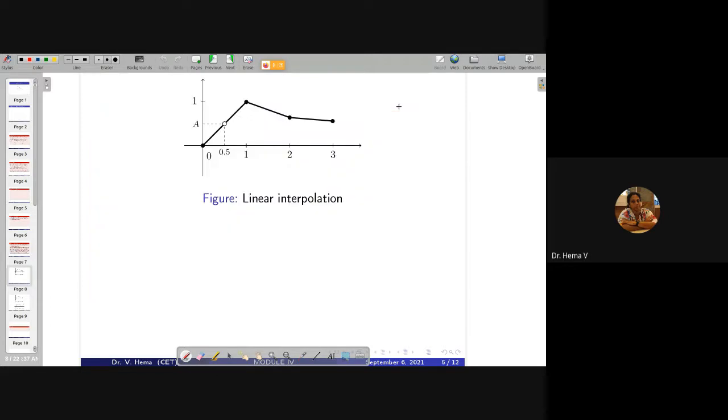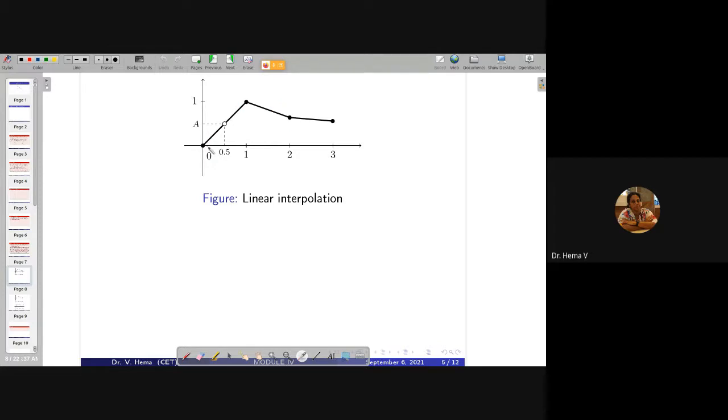So this is an expression graph for a linear interpolation. Look at this. Here there are data points 0, 1, 2, 3. This is y of 0 is 0 here. Y of 1 is the top value, which I am highlighting with the red color. And y of 2 is this upper value. And y of 3 is the dotted line.